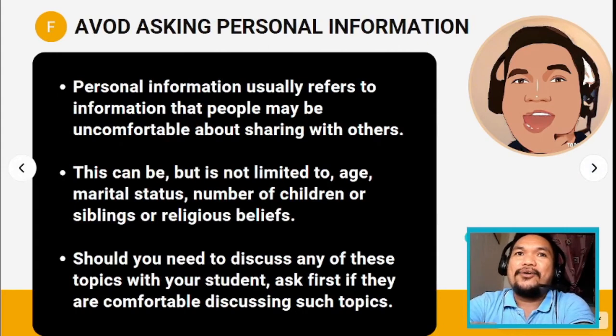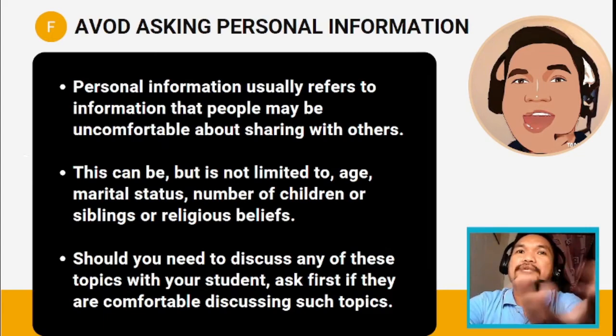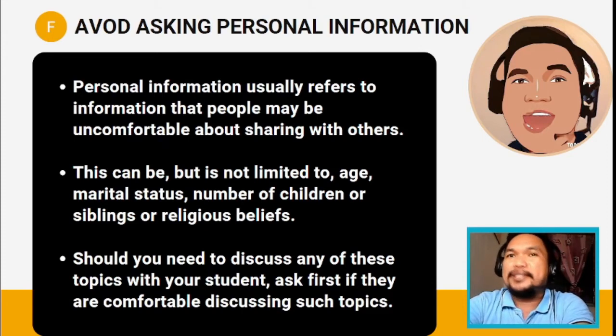Now, avoid asking for personal information. What is personal information? It usually refers to information that people may be uncomfortable sharing with others. This can be, but is not limited to, age, marital status, number of children or siblings, religious beliefs, or even political beliefs. So avoid asking about these.